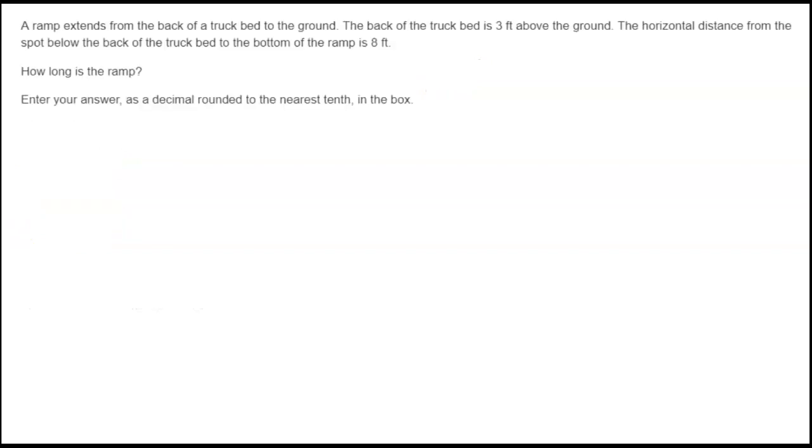Your next problem says a ramp extends from the back of a truck bed to the ground. The back of the truck bed is 3 feet above the ground. So this is 3 feet. The horizontal distance from the spot below the back of the truck to the bottom of the ramp is 8 feet.